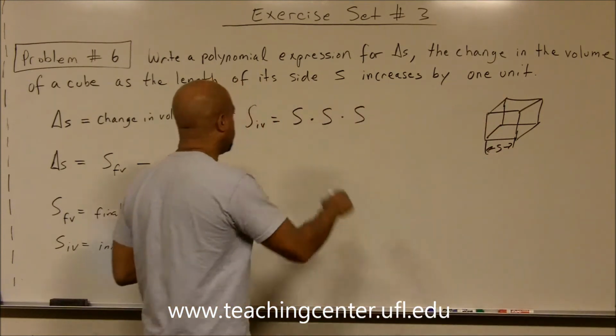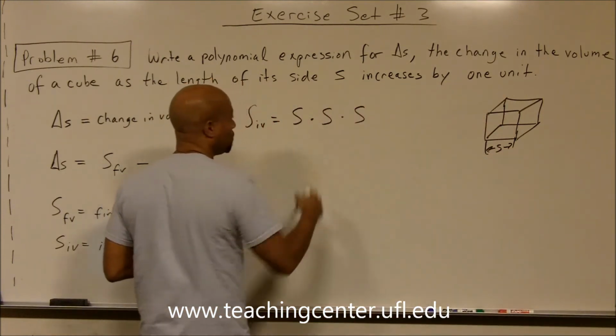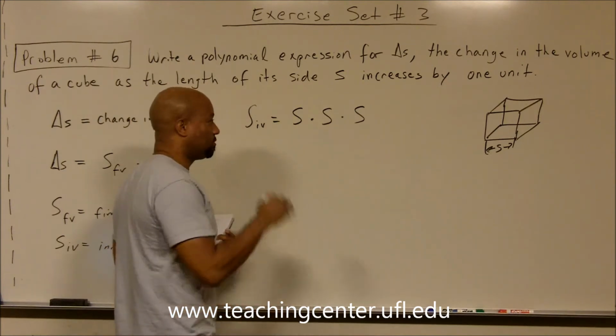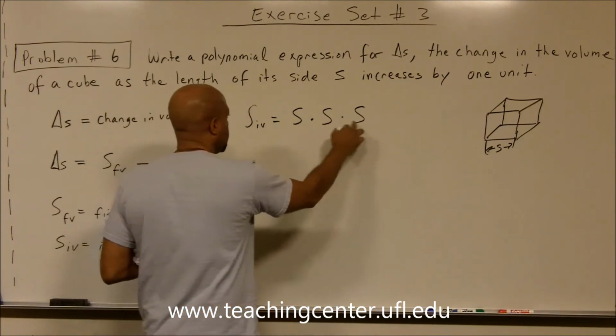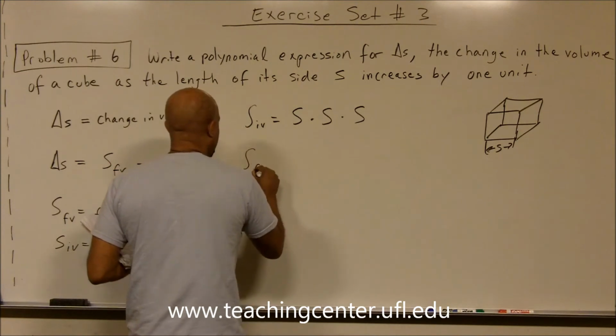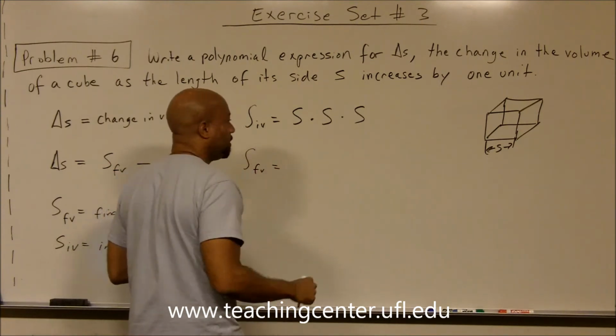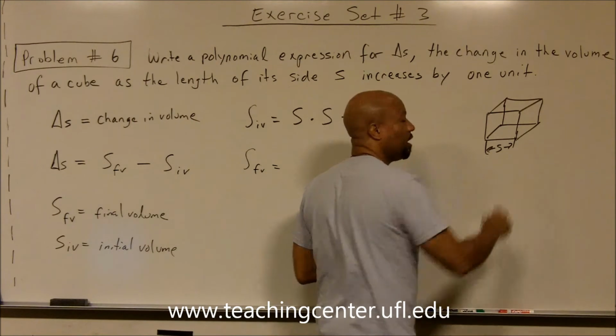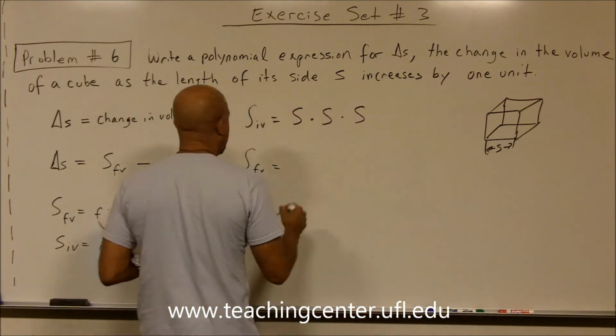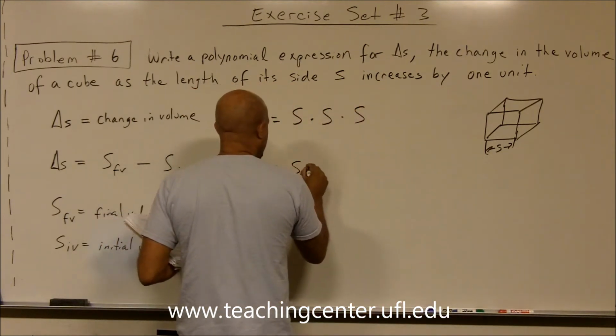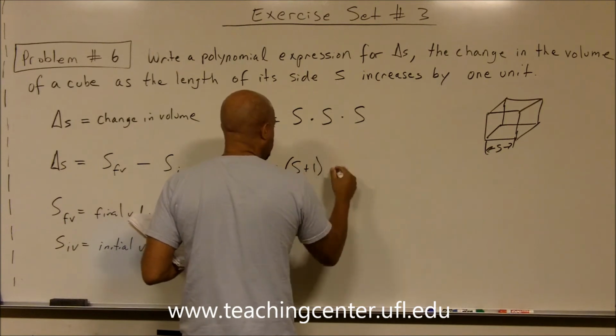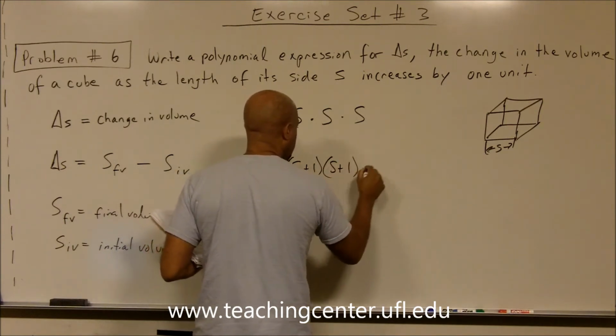And so the volume is just equal to the length times the width times the height, which is just S times S times S. So for the final volume, we're going to increase the length of each side by 1. So then the final volume will just be S plus 1, and each side is going to be S plus 1.